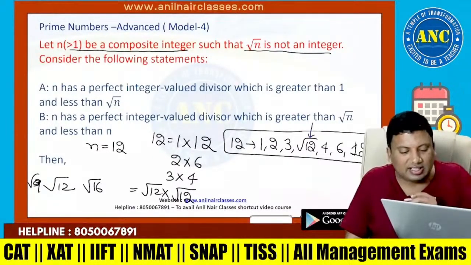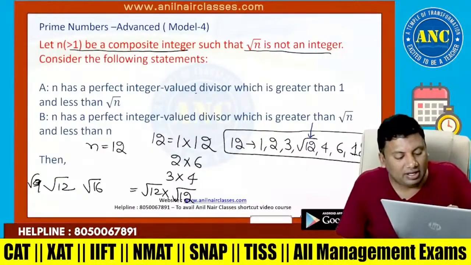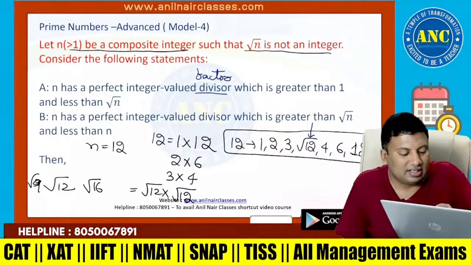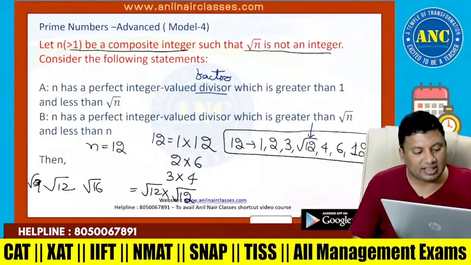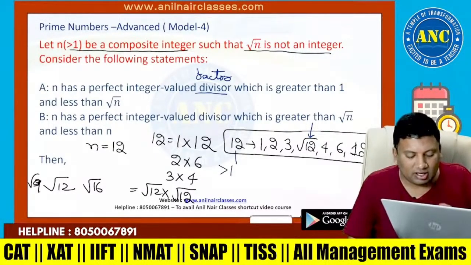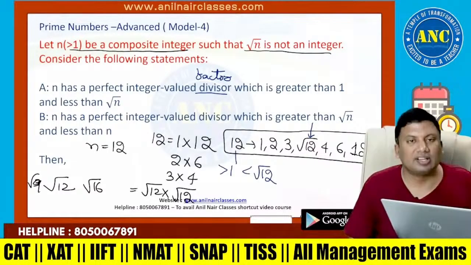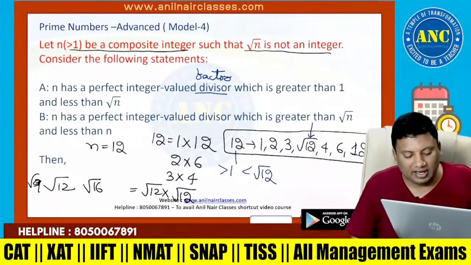I just inserted root n. N has a perfect integer valued divisor which is greater than 1 and less than root n. Are there any factors of 12 greater than 1 and less than root 12?